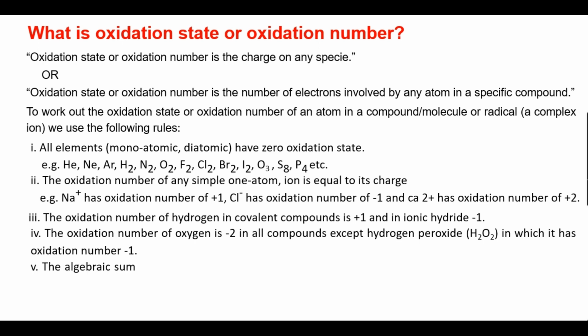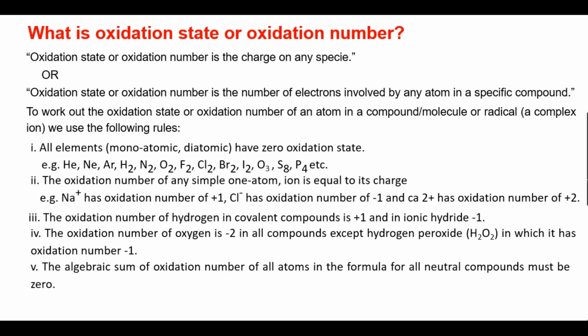The next rule says the algebraic sum of oxidation numbers of all atoms in the formula for all neutral compounds must be 0.